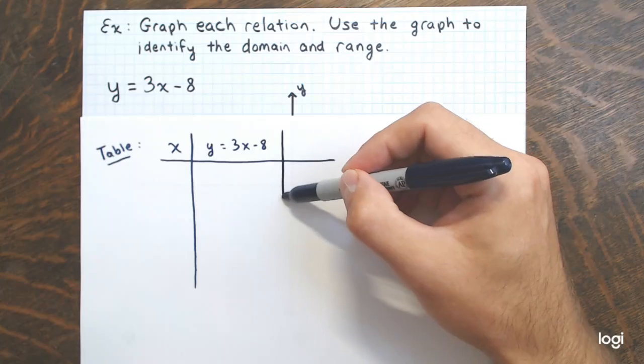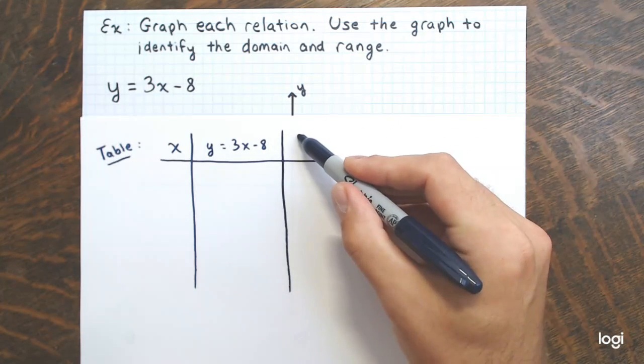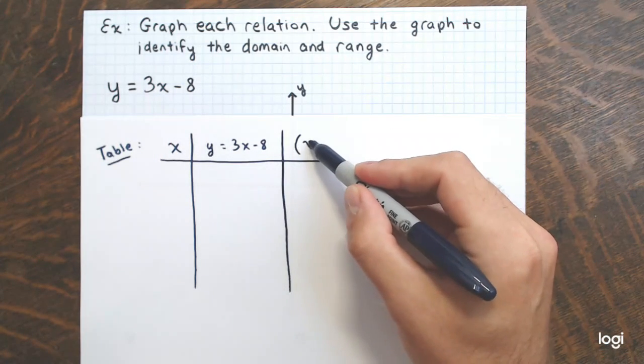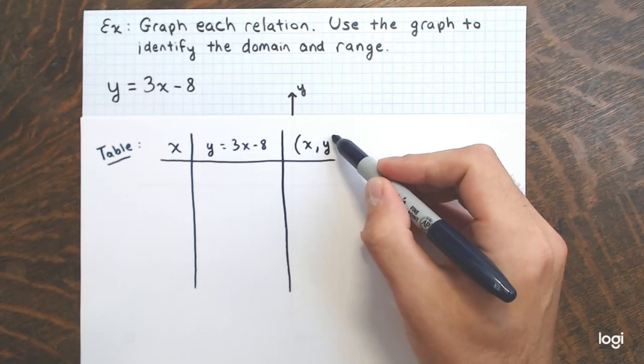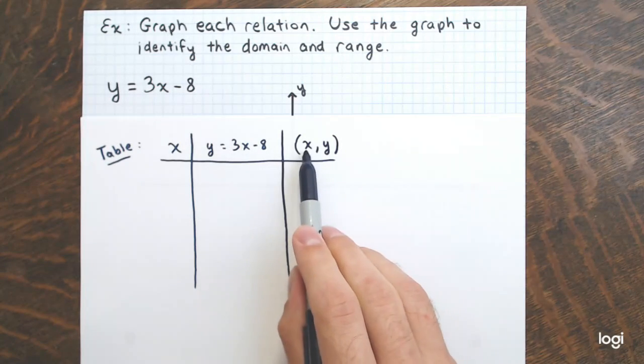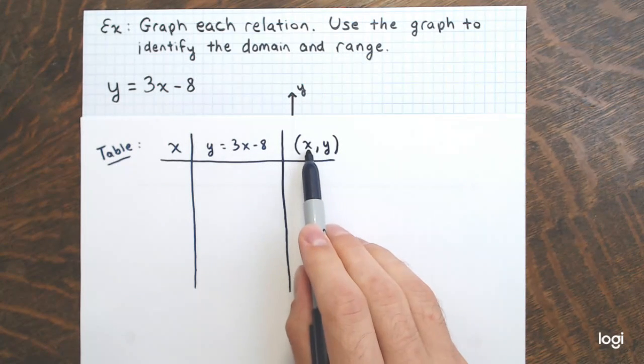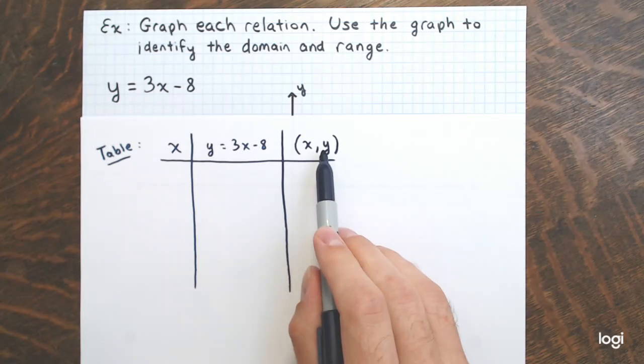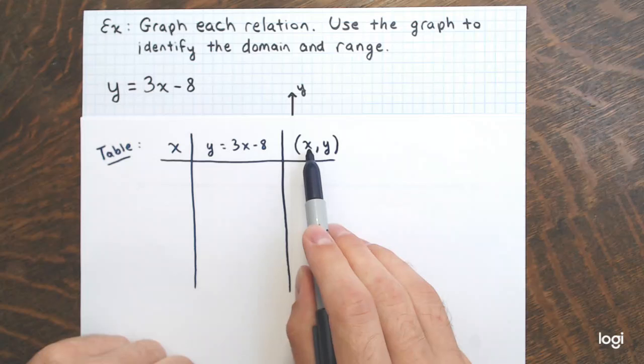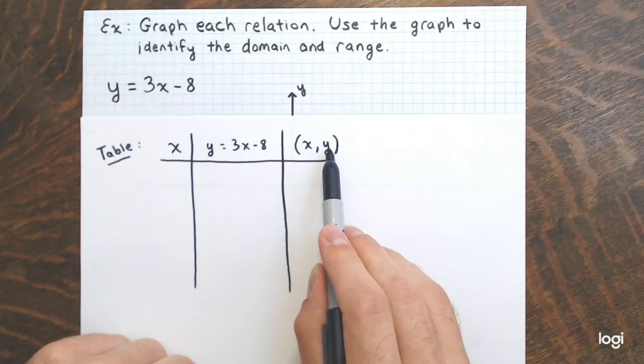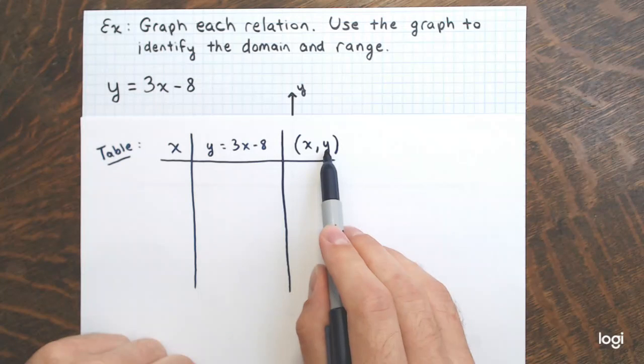And then the third column, the solution to the equation, the ordered pair, where the x value is first, the y value second. And if you recall, if you've been watching my videos on relations, this ordered pair implies that this value x from the first set corresponds to this value y from a second set of real numbers.